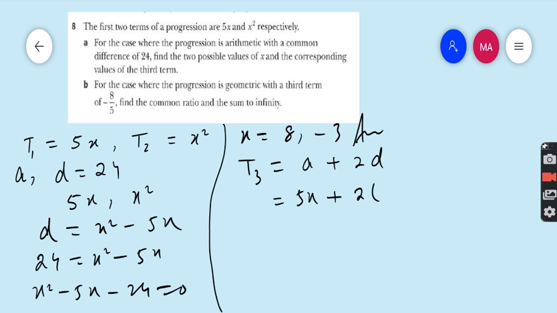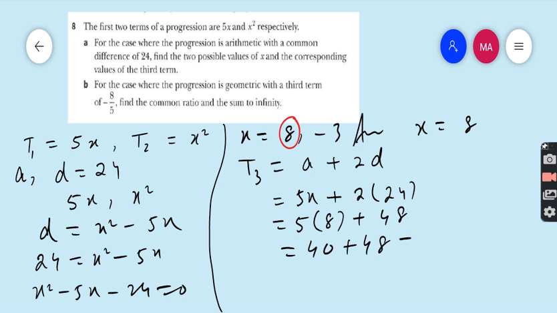D is given as 24. First we take x equal to 8. So 5 into 8 plus 24 into 2, 48. 5 8s are 40, plus 48, that is 88.